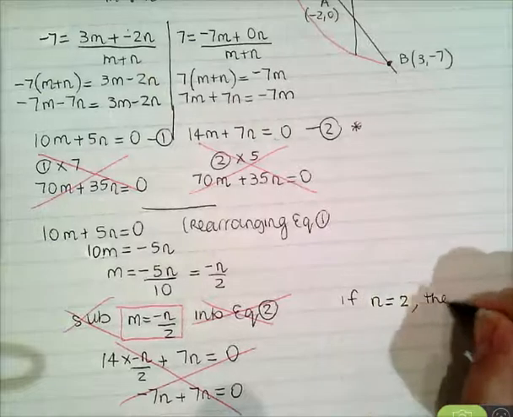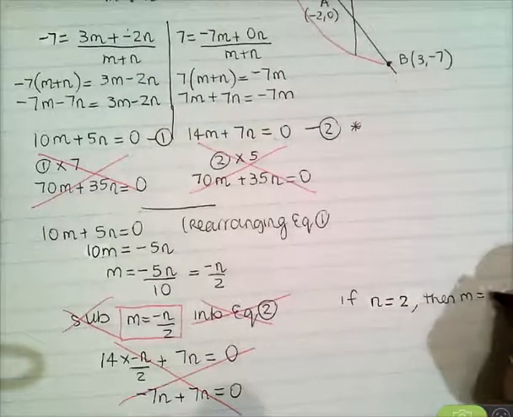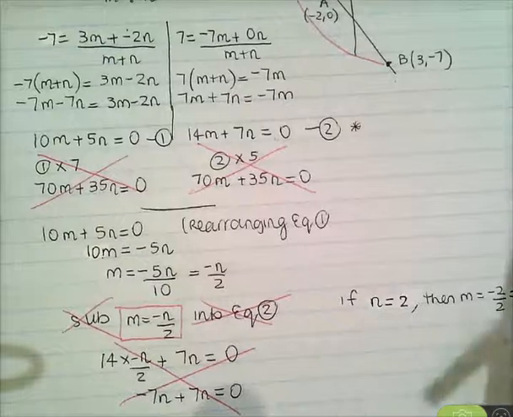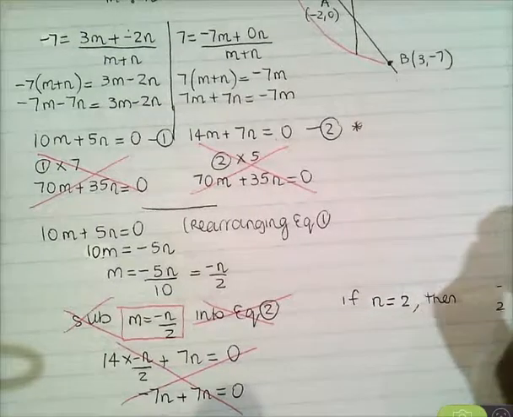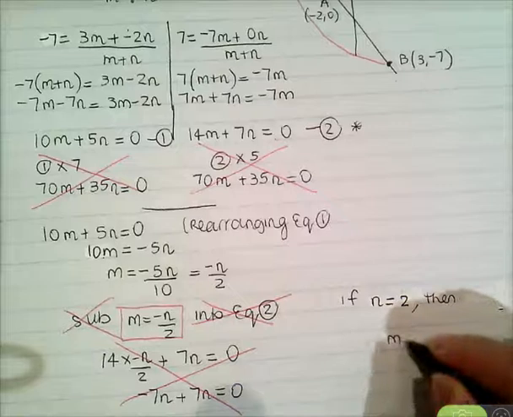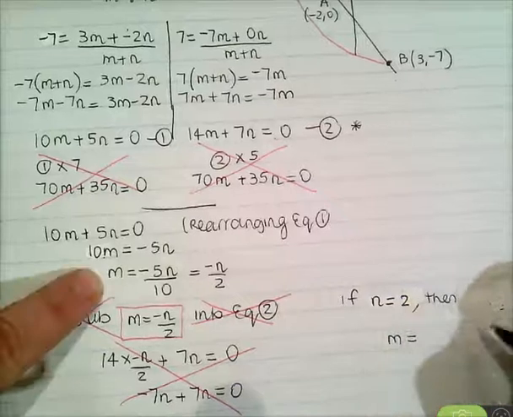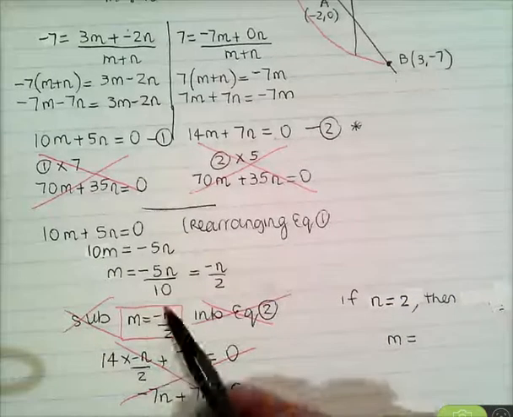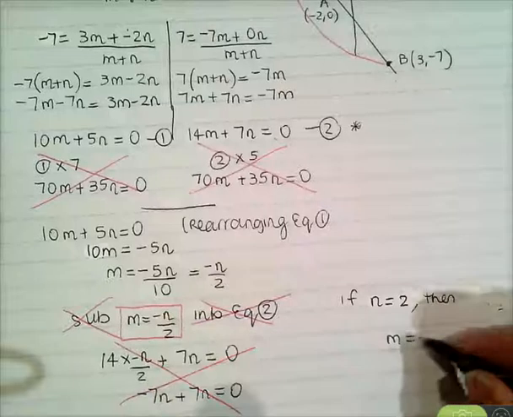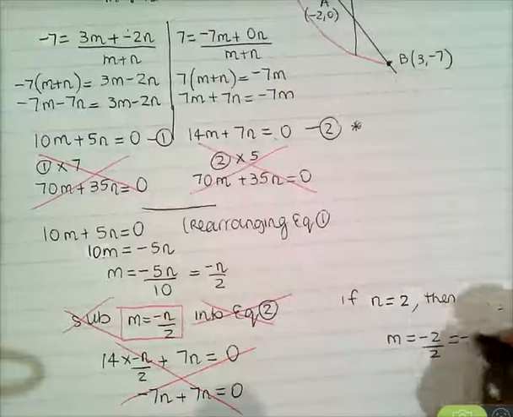Then m would equal negative 2 over 2, which is negative 1. I'll just do this on the next line. According to this formula, m equals negative n on 2. So if n is 2, then m is negative 2 on 2, which is negative 1.